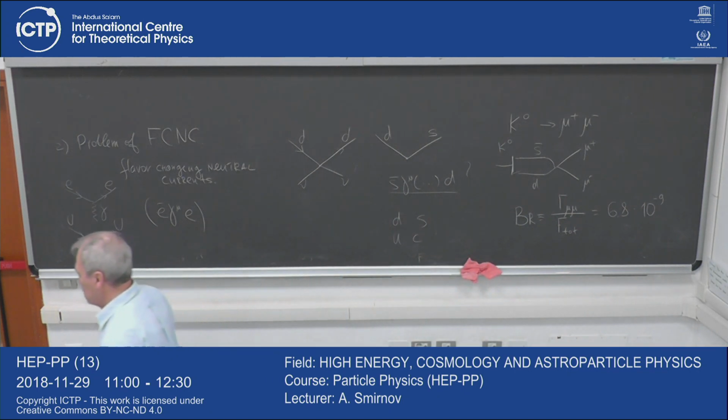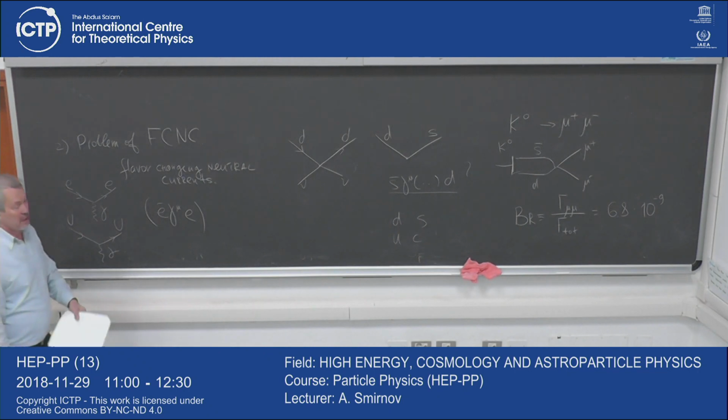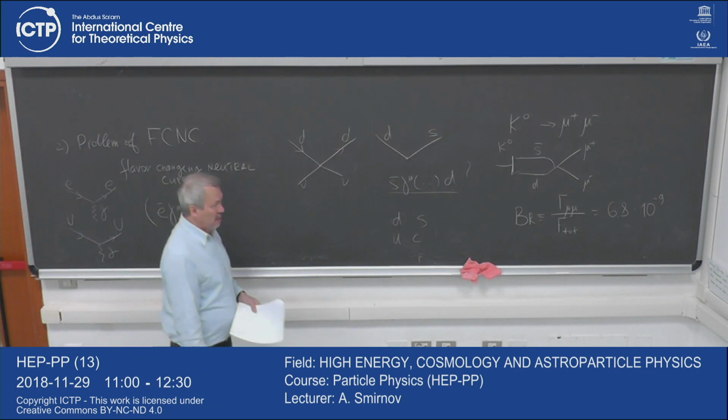It's not 1. Which means that even if we introduce such neutral currents, the corresponding coupling should be extremely strongly suppressed.